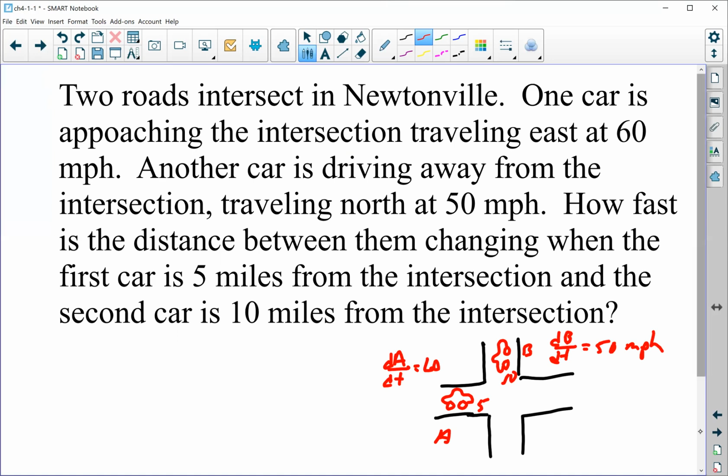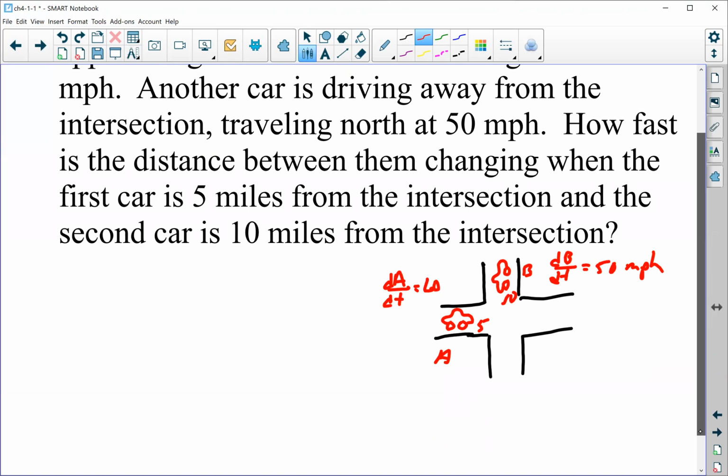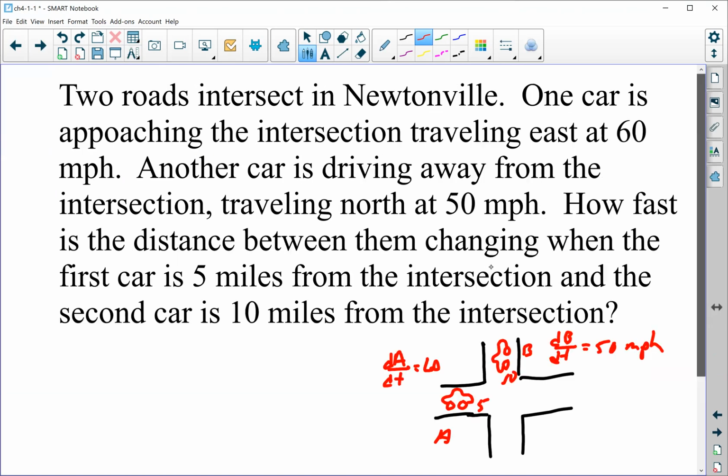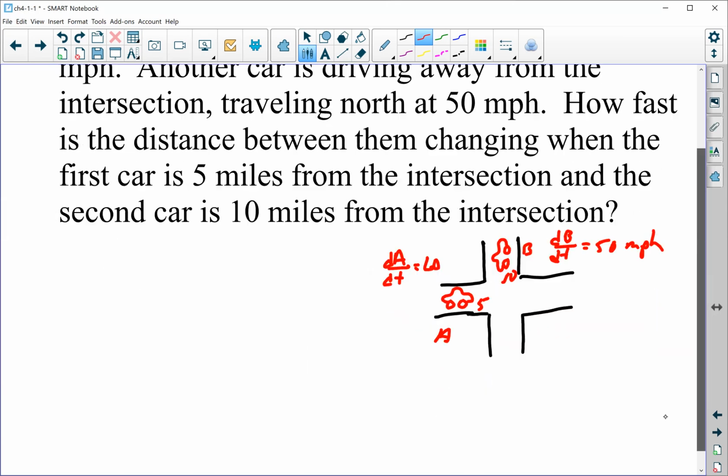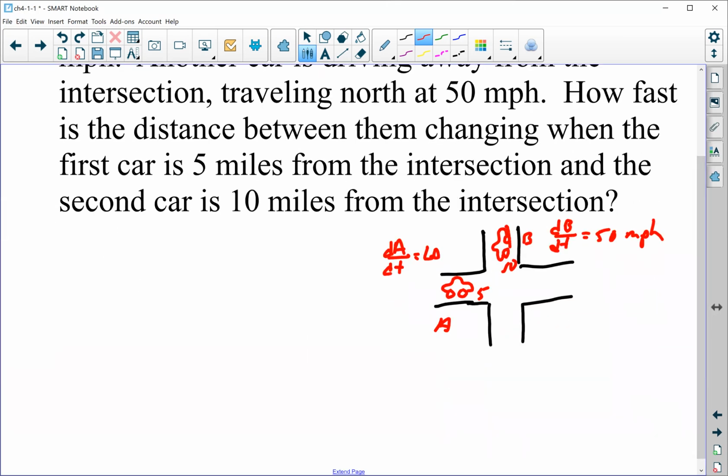I'm trying to find an equation. It helps if I make one little addition to my drawing. We have a right triangle.